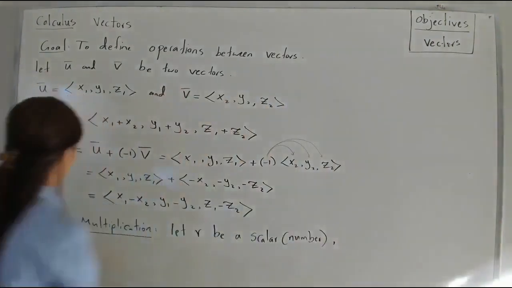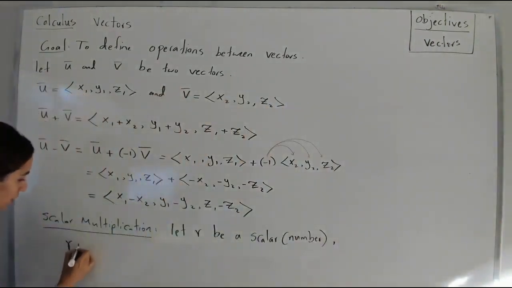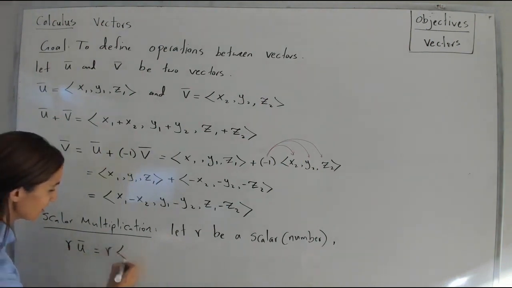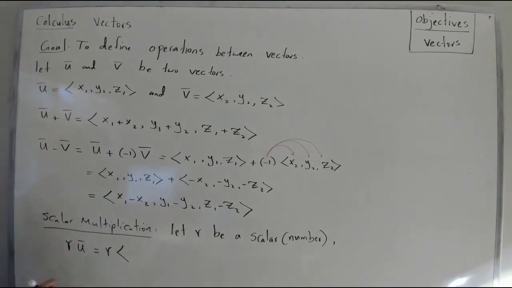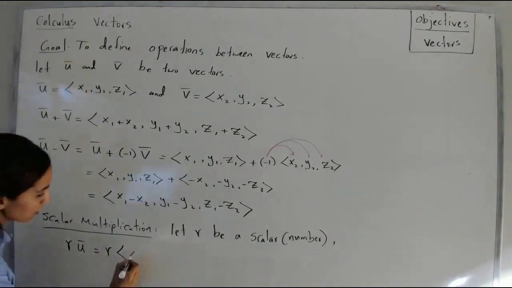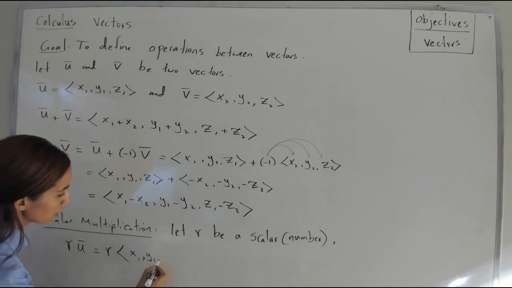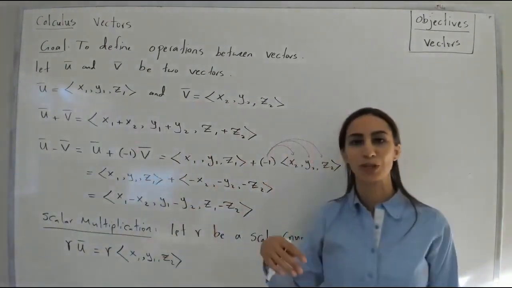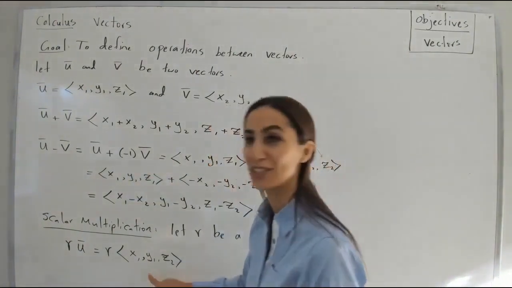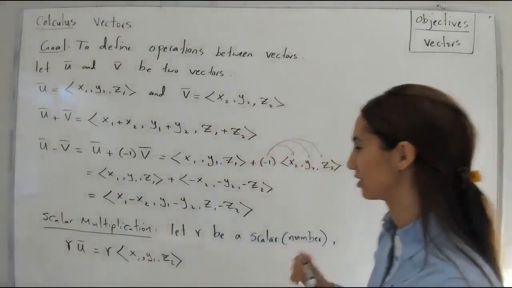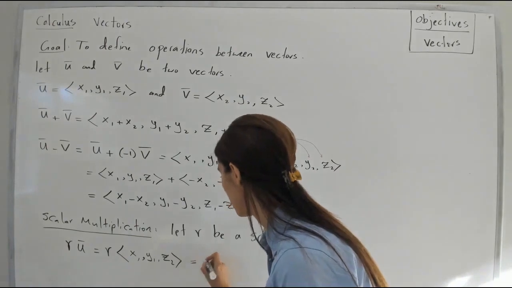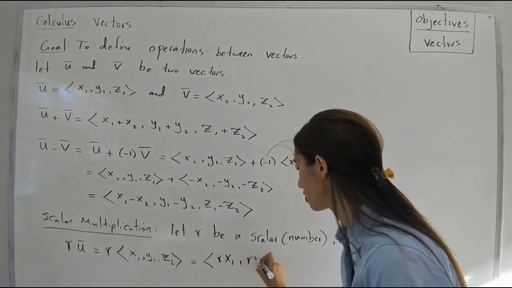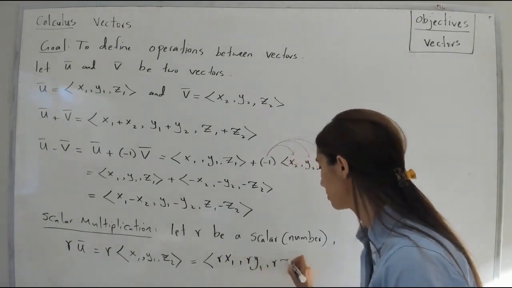Then we can define R times u, which is R times the vector u, x1, y1, and z1. So as I mentioned, in a sense, you're distributing R, your scalar, into the components of the vector. So here you have a new vector, R times x1, R times y1, and R times z1.